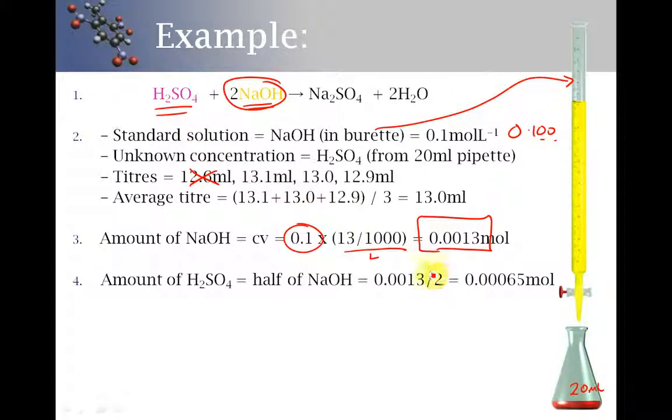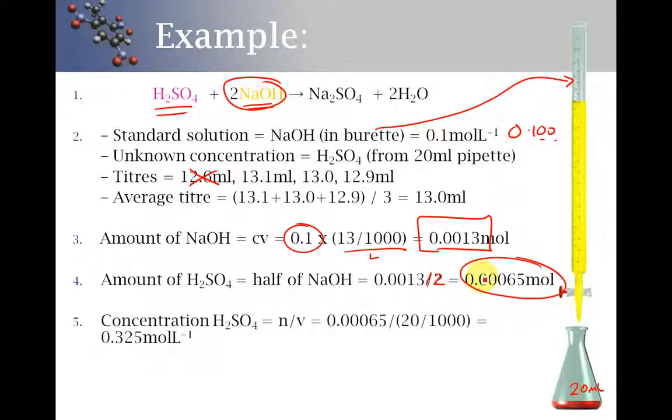So I divide it by 2, which means I halve it, and I've got this number of moles right there. Therefore the concentration of H2SO4 is this many moles, which I've calculated, in this many litres. Notice it was 20 ml in the bottom, so 20 divided by 1000, and it ends up generating that number right there.